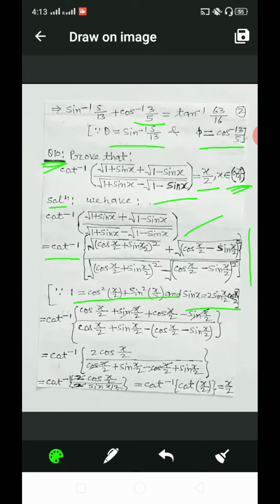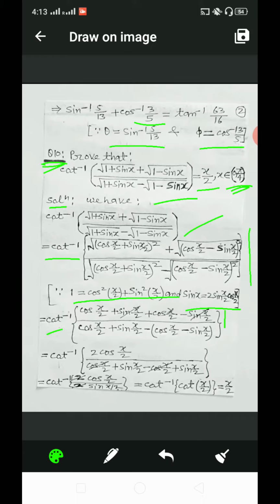And this implies that cot inverse, after solving here, we get cos x by 2 plus sin x by 2 plus cos x by 2 minus sin x by 2, by cos x by 2 plus sin x by 2 minus, in bracket, cos x by 2 minus sin x by 2.